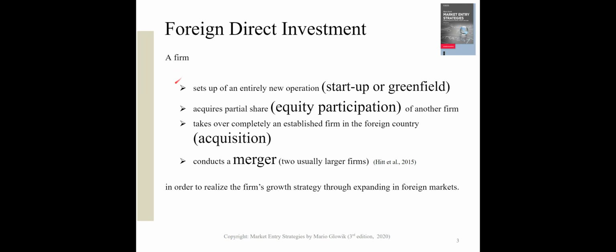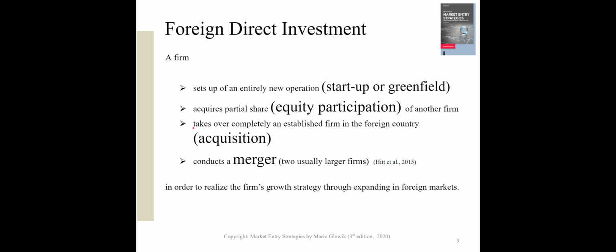First of all, the firm sets up an entirely new operation that is also called greenfield investment or startup. The alternative is that the firm acquires a partial share, we call this equity participation, of another firm located in a foreign target market.